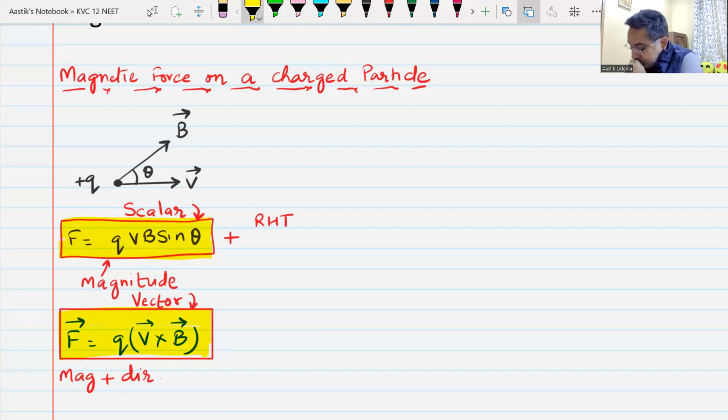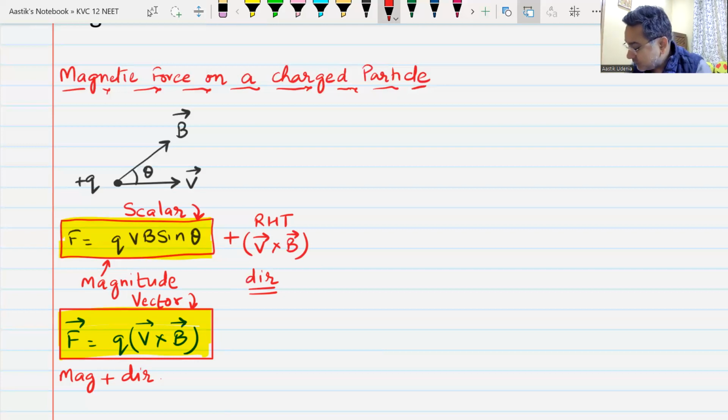Now, to find out the direction of force, what we are going to do is take the cross product of the velocity vector with the magnetic field. So this right hand thumb rule, which is the cross product of velocity with magnetic field, will give us the direction of this force.